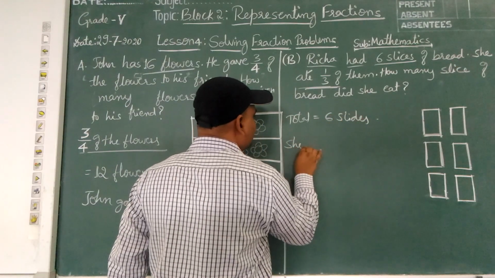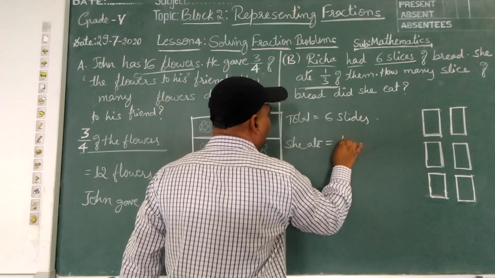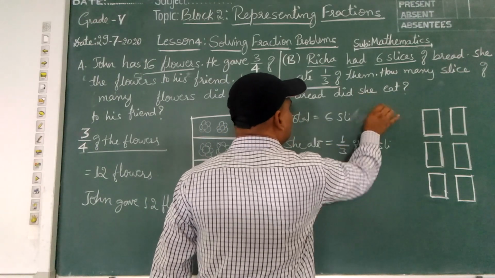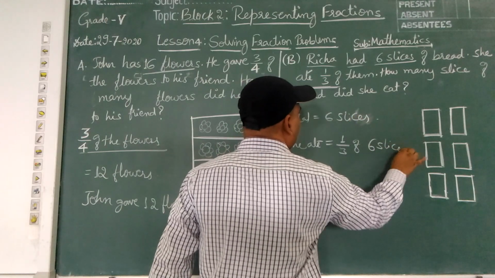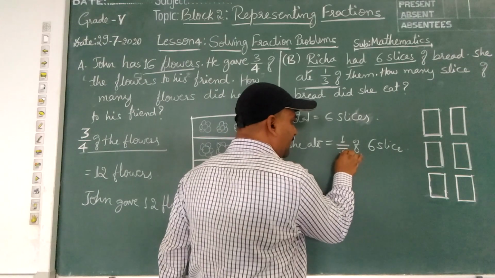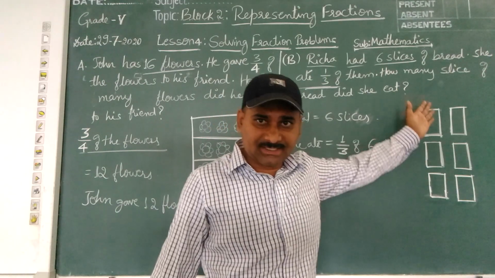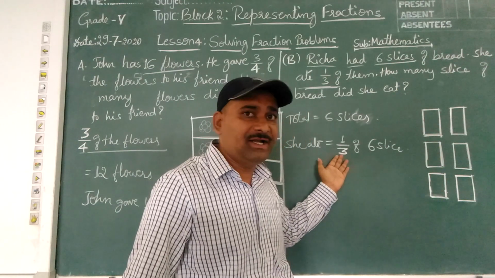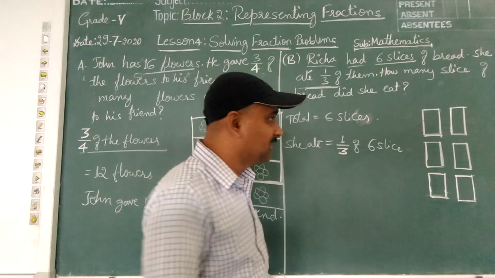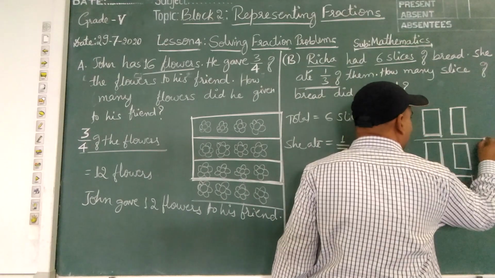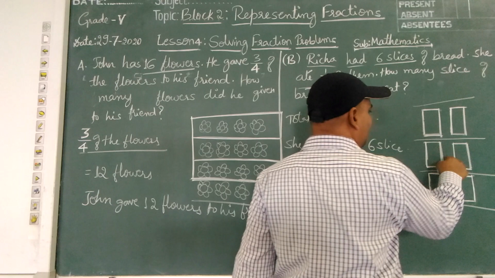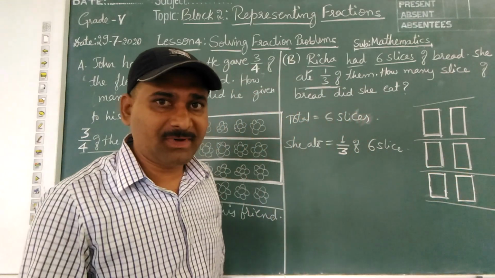But she ate 1 by 3 of 6 slices. 1 by 3 of 6 slices means what, children? We should divide these 6 slices into 3 parts. Number of parts means denominator. Divide into 3 parts. 1, 2 and 3. Divided into 3 equal parts.